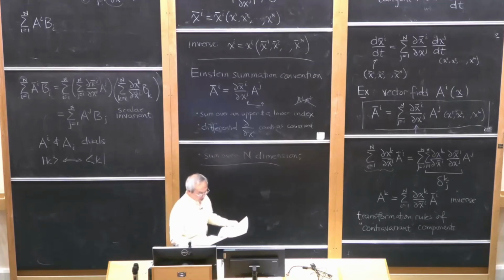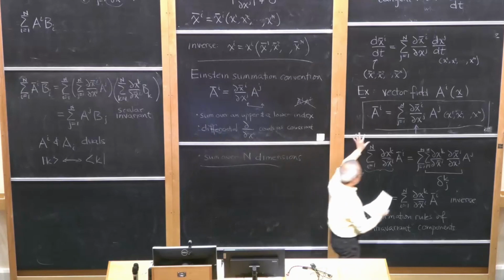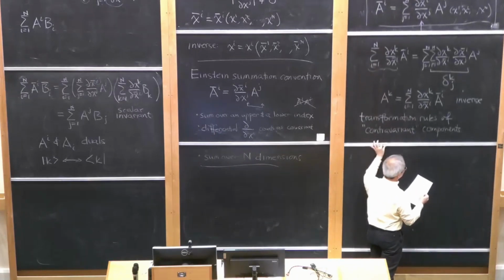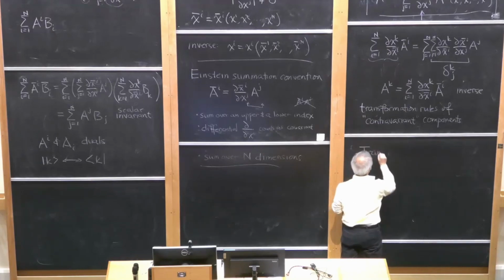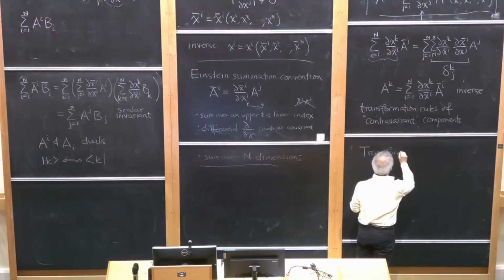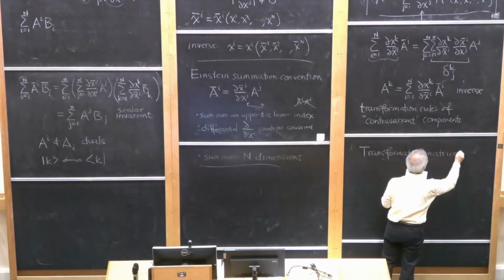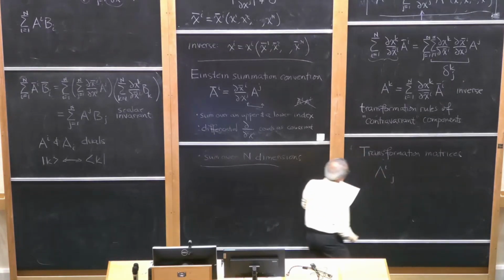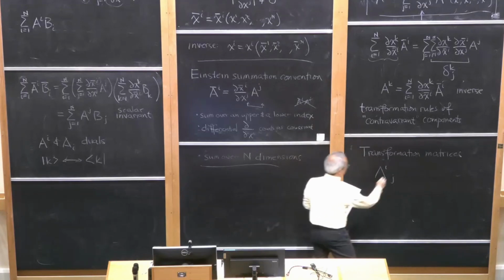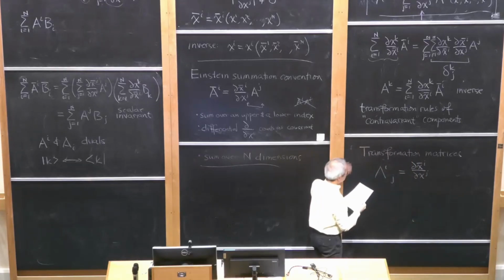Let's just cover one more labor-saving device. Okay, that was the summation convention. Now, transformation matrices. We oftentimes will write, and you'll see this in the literature, a big lambda^i_j equal to dx bar^i over dx^j.